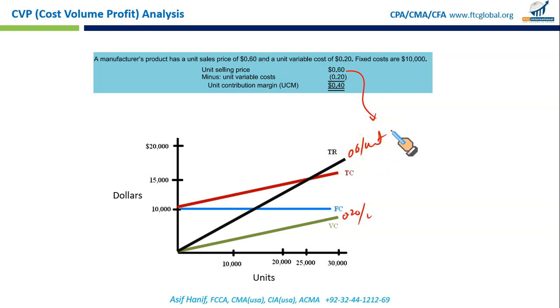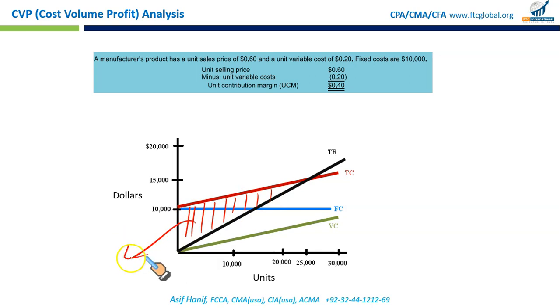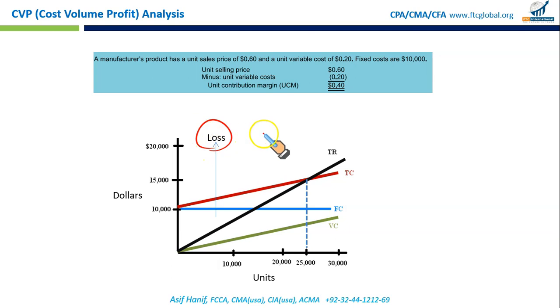Right? Now, an important conclusion to be drawn. This region you see to the left of the screen is the region when our total cost is more than total revenue. So when cost is more than revenue, this is the region of loss. Between 0 to 25,000 units, we are incurring losses.